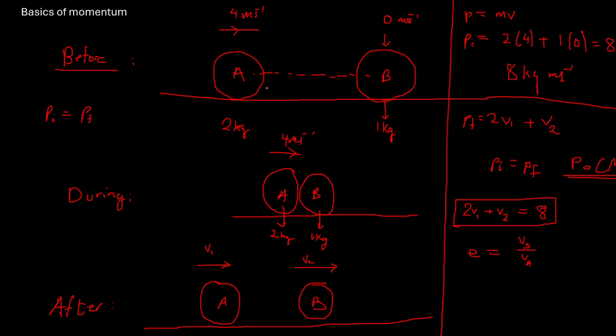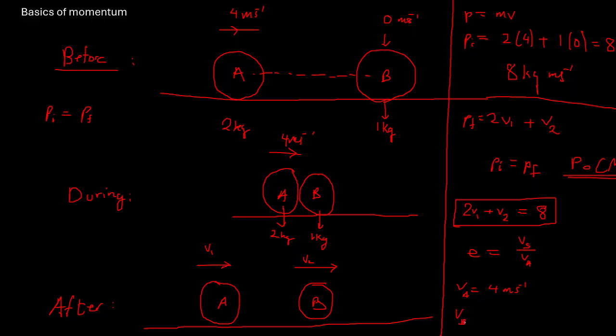The speed of approach in our scenario over here, VA, is going to be V1 minus V2. Now V1 is 4 meter per second and V2 is 0, so we can say that the speed of approach is 4 meter per second.